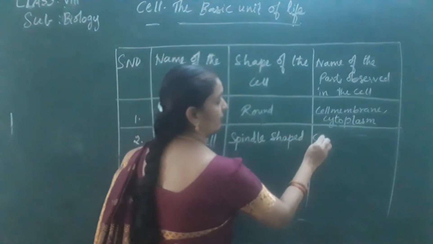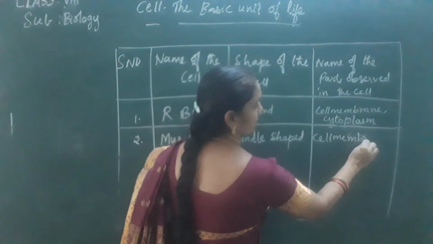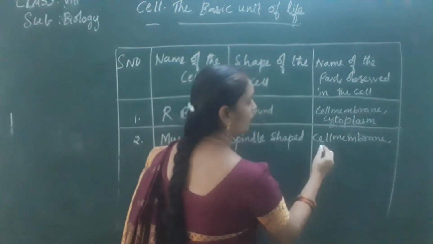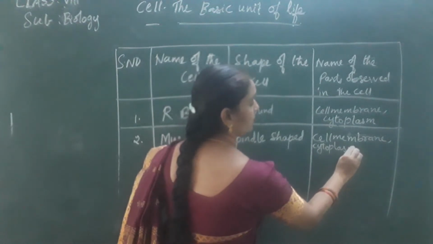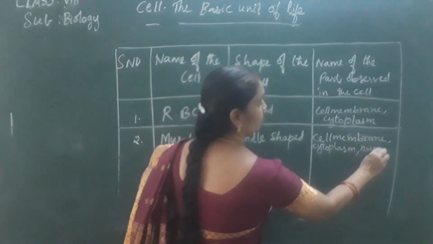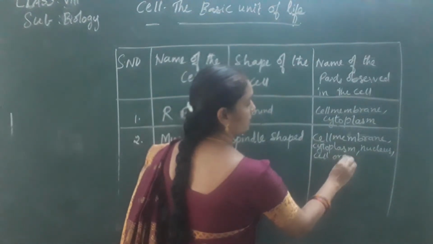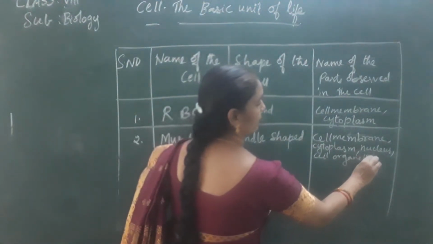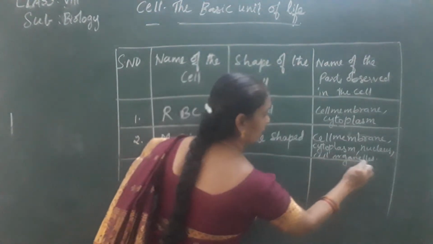We have seen the cell membrane. Yes, in an animal cell you find the cell membrane, which is the outer protective layer, and cytoplasm is also seen, where the cell organelles are embedded along with the nucleus. Nucleus and cell organelles are embedded inside the cytoplasm of the muscle cell.